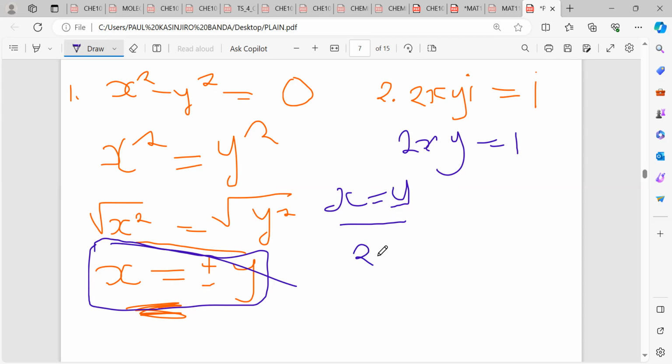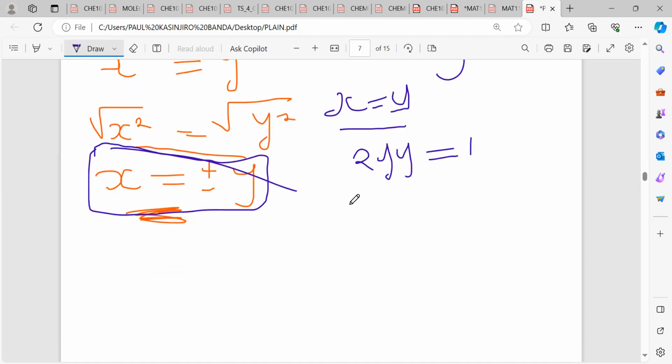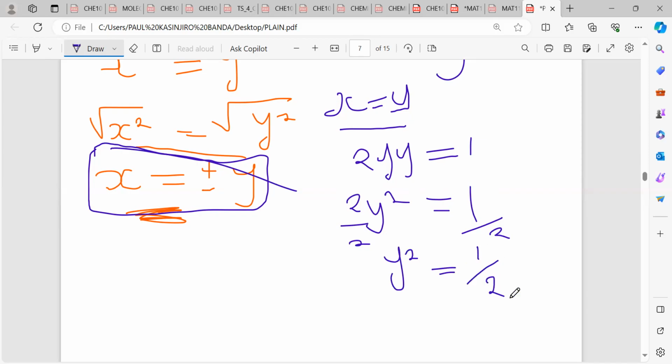So here it will be y, and again there's a y there, then it's equal to 1. Then from here you can see you are going to have 2y squared equals 1. Then divide both sides by 2. So what are you going to get here? You're going to get y squared is equal to 1 over 2.